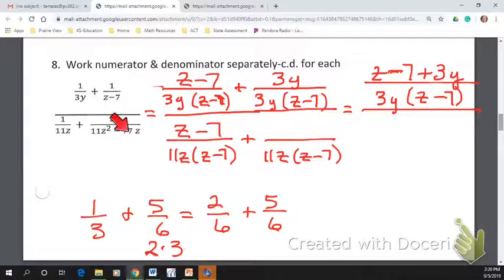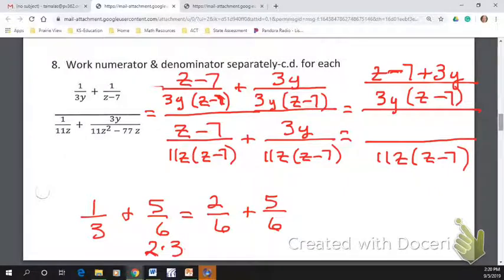I didn't multiply this one times anything, did I? Because this is equivalent to this. Yep. Okay, so I just have a 3y. Bottom didn't change, neither did the top. Now that I've got a common denominator, I can go to the next step, which is to write it as one fraction. Okay, you with me?